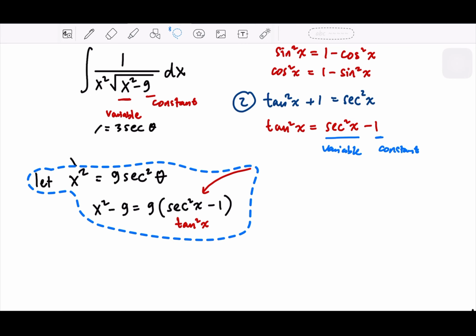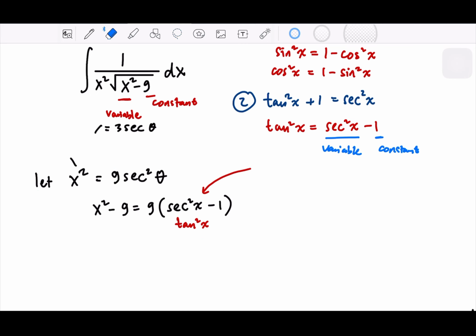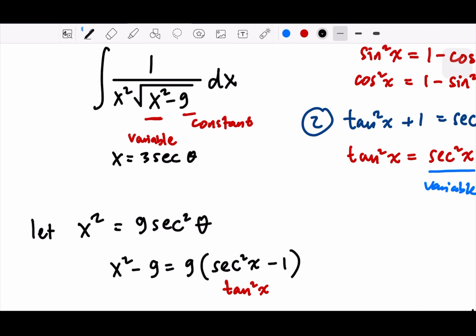Let's go around here and let me erase that. Oh, it's separated. Okay. And then since we are changing the variable from x to theta, we are going to take the dx of this 3 secant, and this will be 3 secant theta tangent theta d theta.